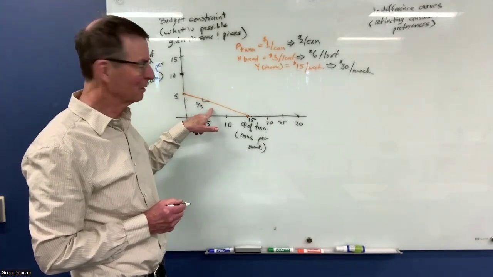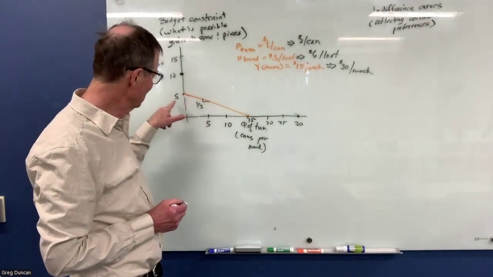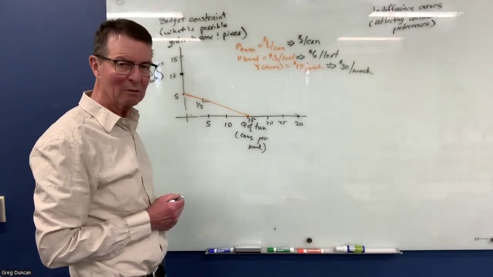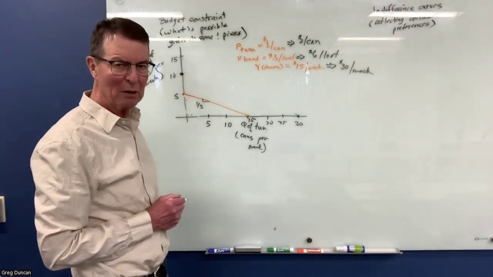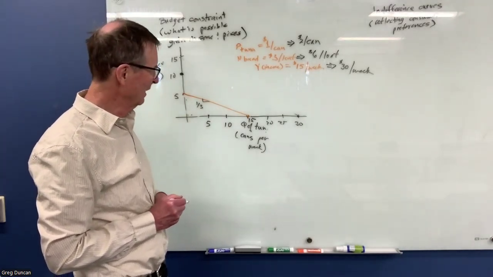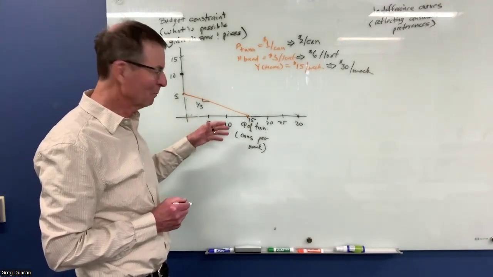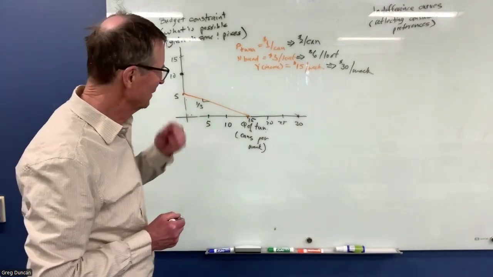They can still buy this kind of combination of numbers of loaves of bread and numbers of cans of tuna. It never turns out that way. People are much more sensitive to inflation, as we've seen in the last few years.